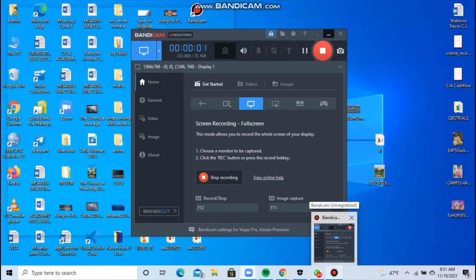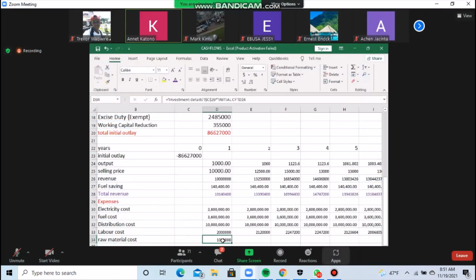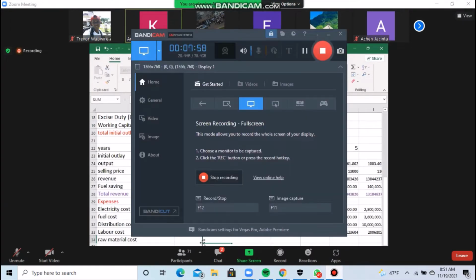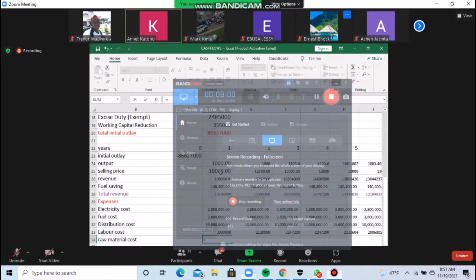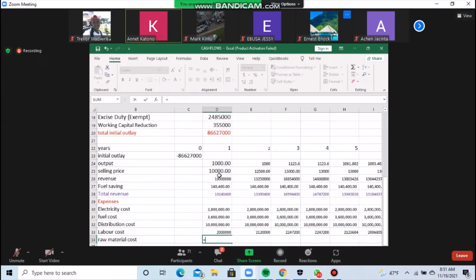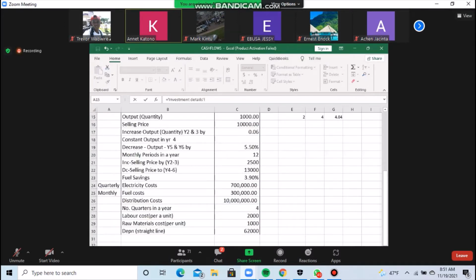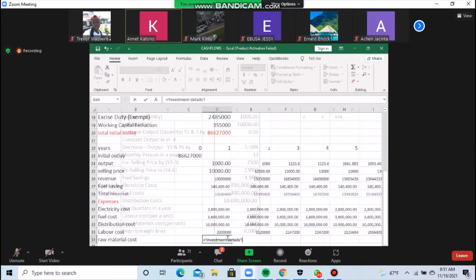It's a mistake we've done. So to determine the raw material costs, ideally, it is going to be our selling price. Yes, the selling price that we are getting these products at, and then we shall just multiply it by the cost per unit. So it's simple, equal sign.